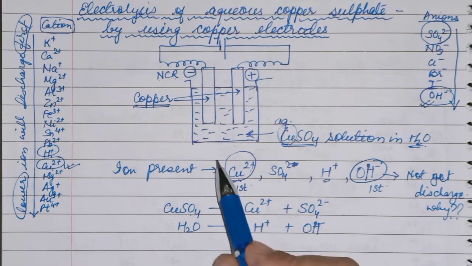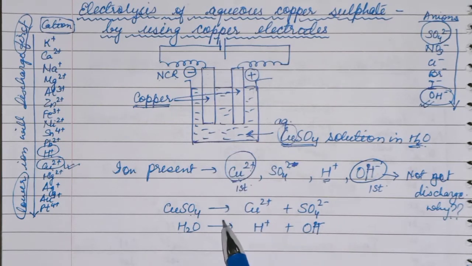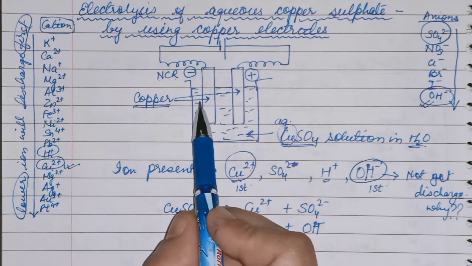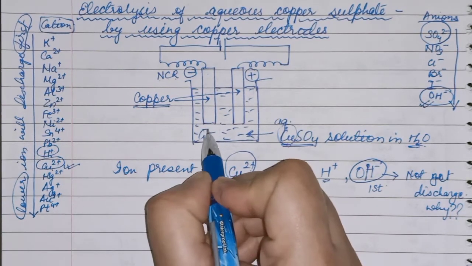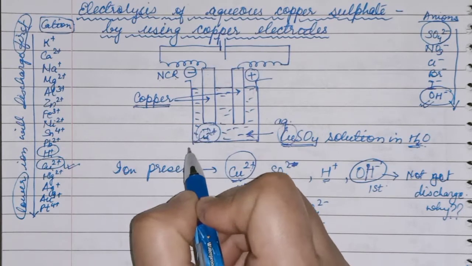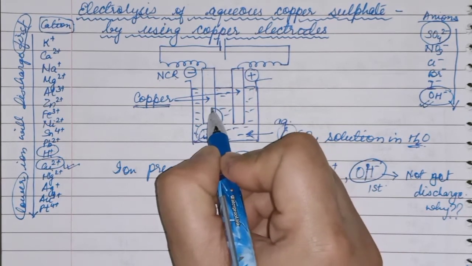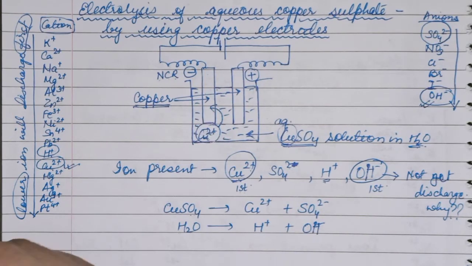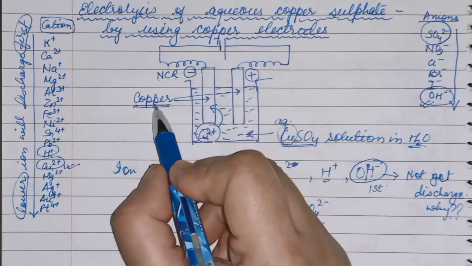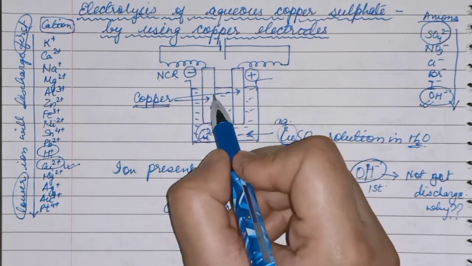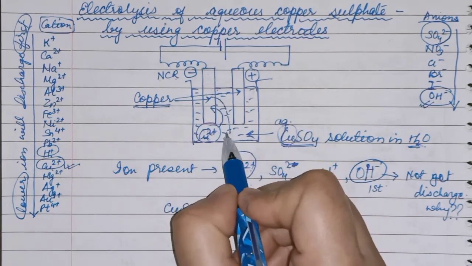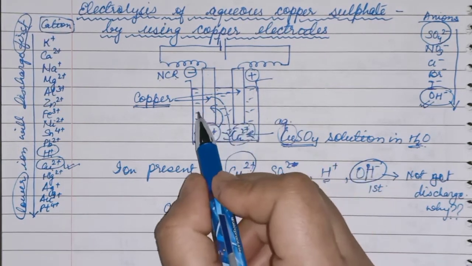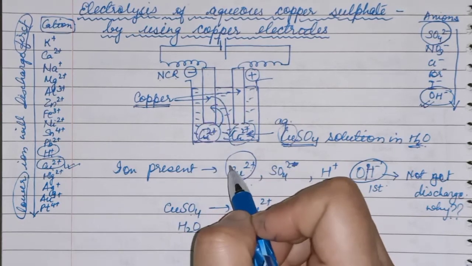Because when Cu2+ is getting deposited over the cathode, at the same time the copper from the anode is coming into the solution by leaving 2 electrons behind.